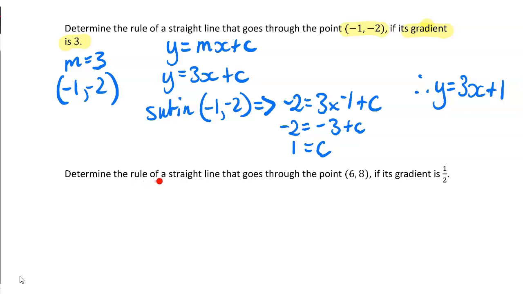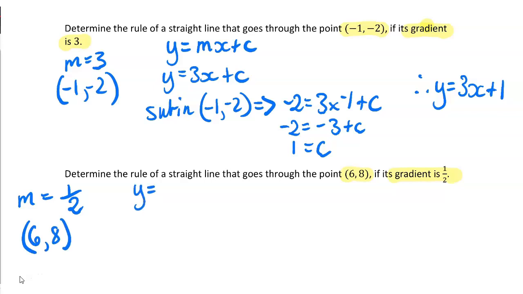Determine the rule of a straight line that goes through the point 6, 8 if its gradient is a half. So m equals 1 over 2, a half, and we also know 6, 8.